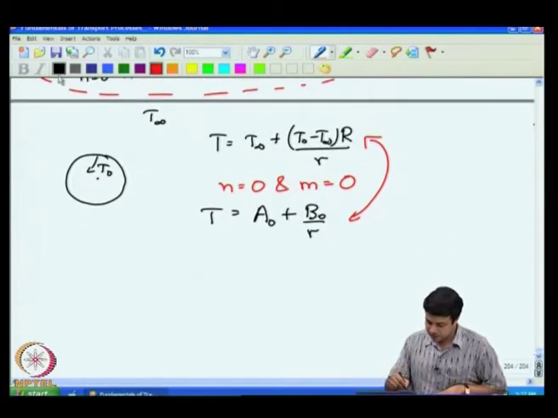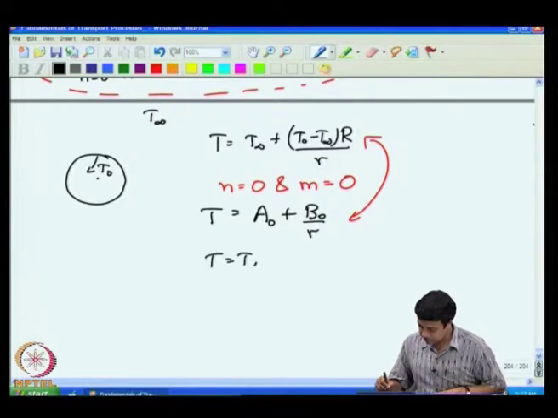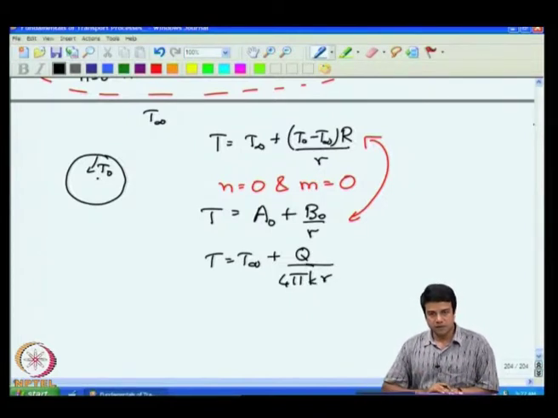In that case, we had got the temperature T infinity plus Q by 4 pi k times R. If we take the limit as the radius of the sphere goes to 0, this corresponds to a point source, and the total amount of heat coming out of this point source is equal to Q. This is what is called a source term. So, n equal to 0 and m equal to 0 corresponds to a source of heat or a source of mass.